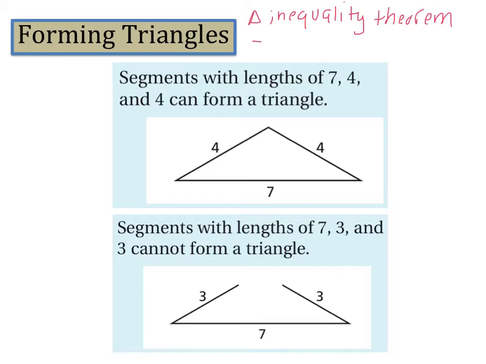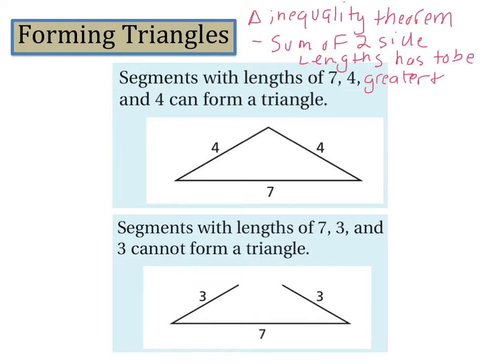So, for you to have a triangle, the sum of two side lengths has to be greater than the third. Once again, for you to have a triangle, the sum of two side lengths has to be greater than the third. So let's look at these two examples.